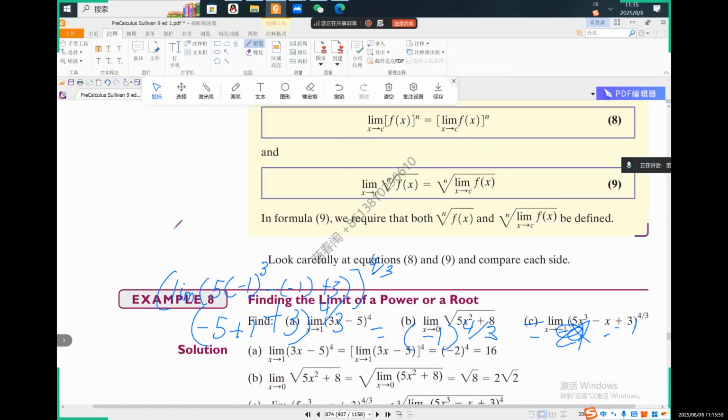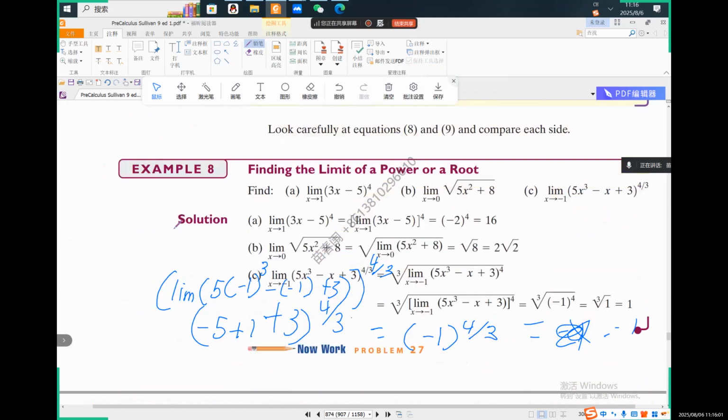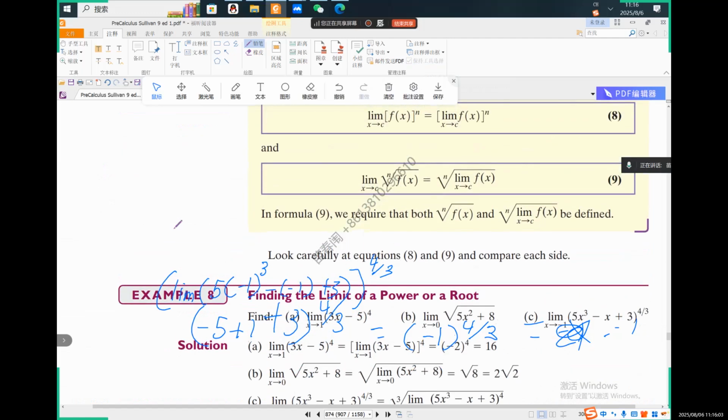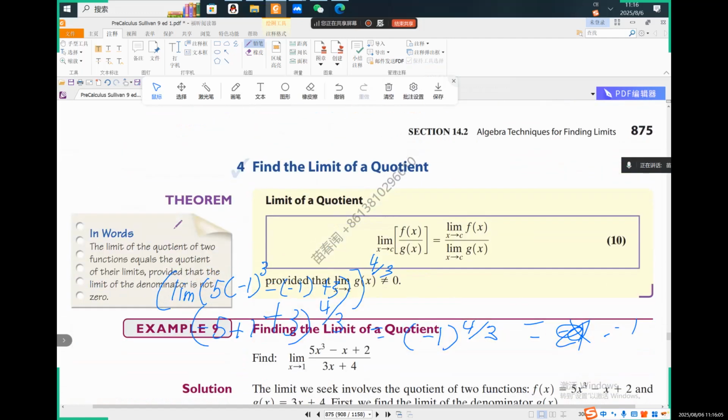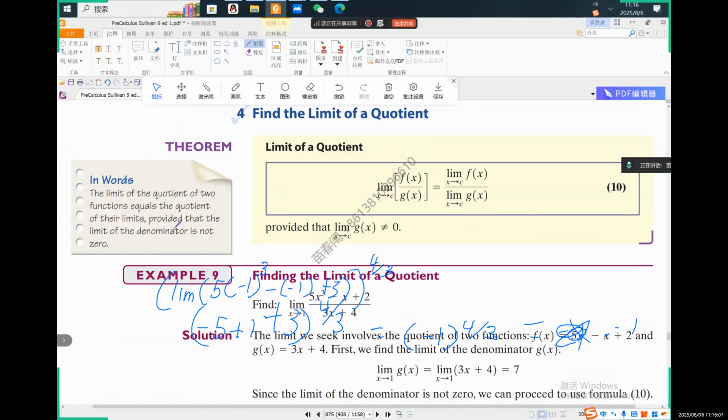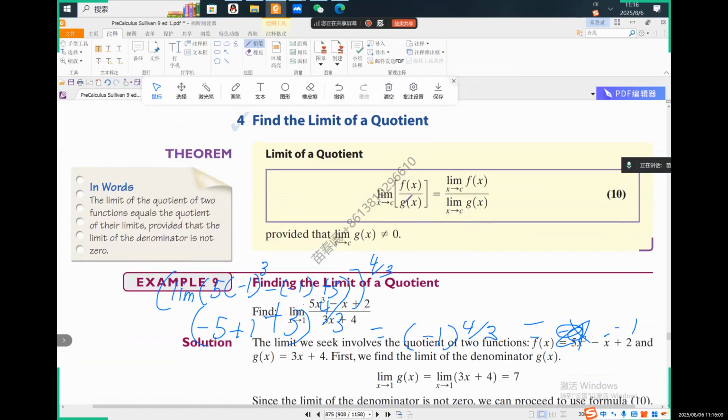If this is working, then how about two functions divided by each other?